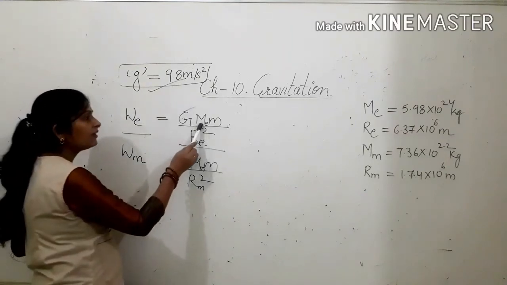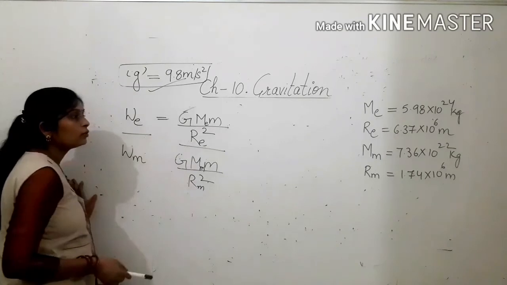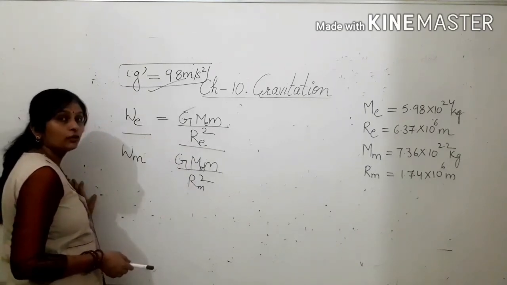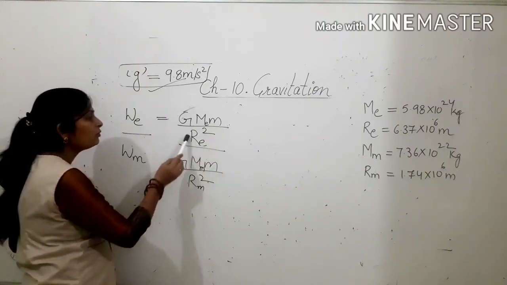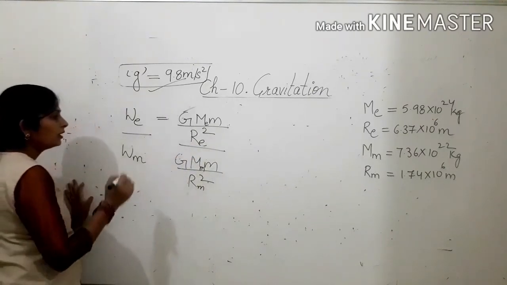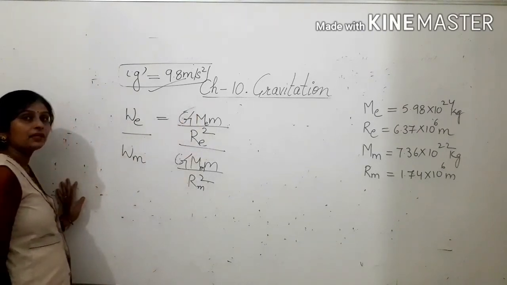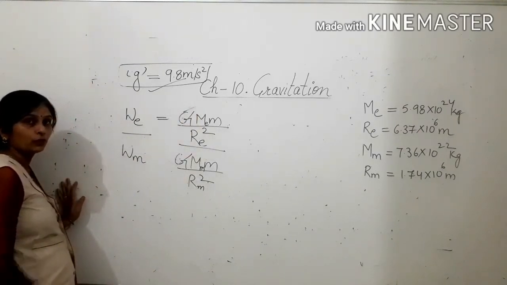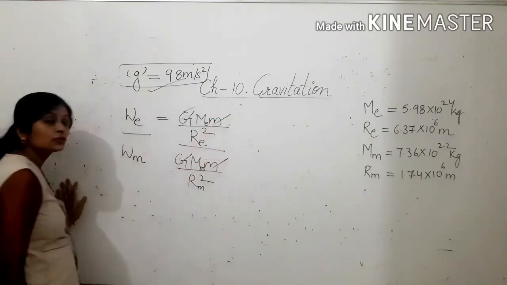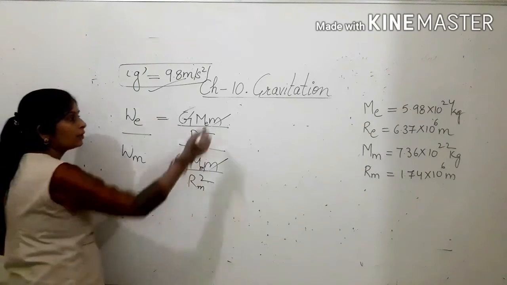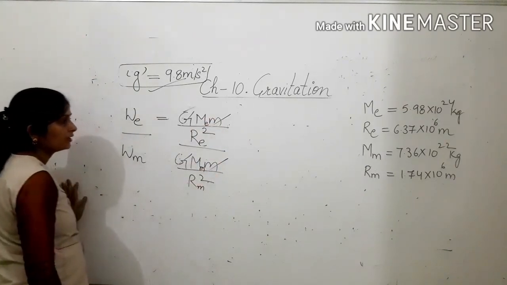Here I have written Me, Re, Mm, Rm in order to differentiate the mass of earth, mass of moon, radius of earth, radius of moon. Now cancel capital G with capital G because both have the same constant value. Cancel small m with small m because this stands for the mass of the object, that is also constant.